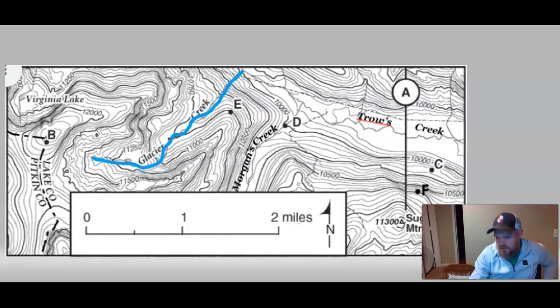And if I switch color and use red here, the ridge line that defines this watershed for Glacier Creek is actually running along here. If you find the high points of an area, this is the ridge line of this mountain right here. Then right here you go into what's called a saddle, which is in between two high points.